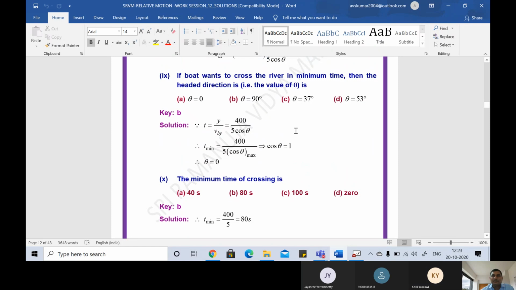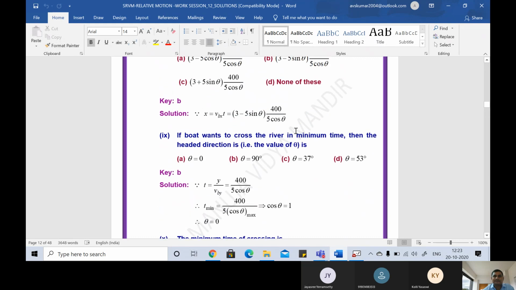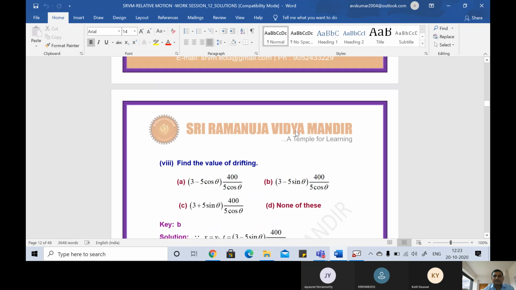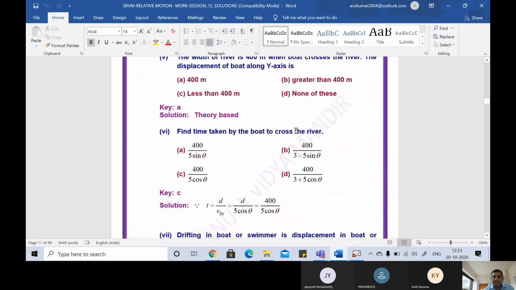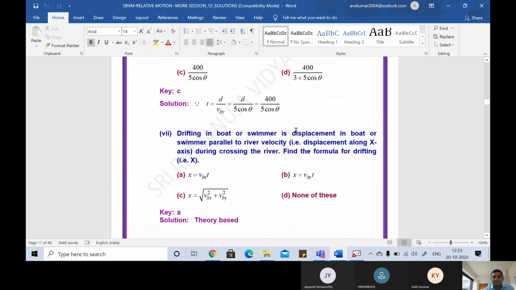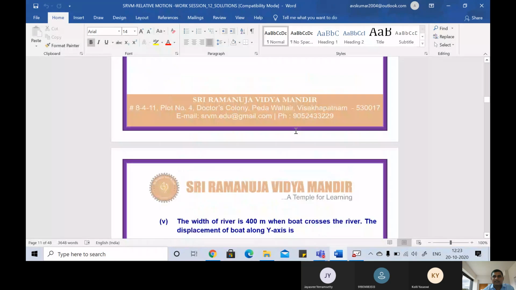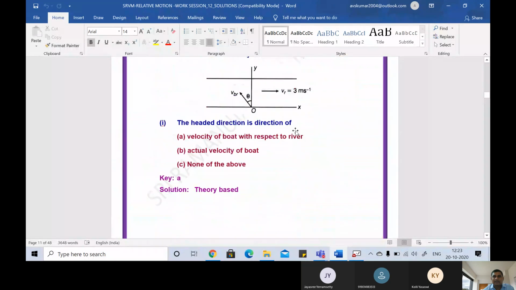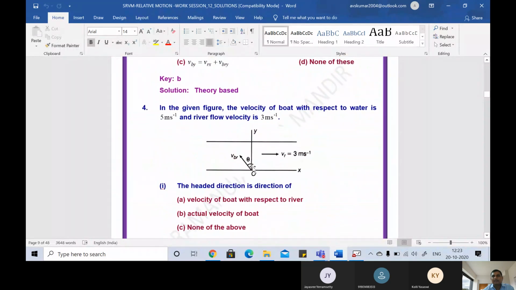Now, if the boat wants to cross the river in minimum time, then in which direction should he head? Of course, theta they mention here, in the diagram, this is the theta. Now, the boat wants to cross the river in minimum time.